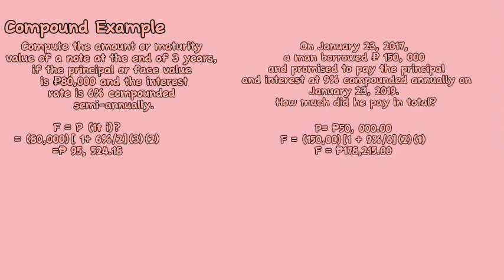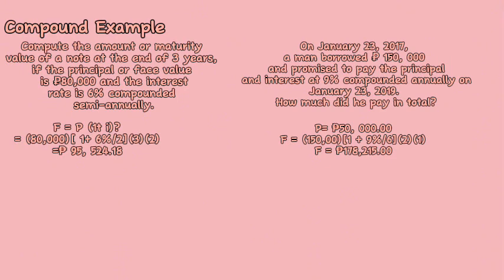We are looking for the final amount. So F is equal to the principal, which is 150,000 pesos, times 1 plus r over m. r here is 9% and it is compounded annually, so it's over 1, raised to t times m.